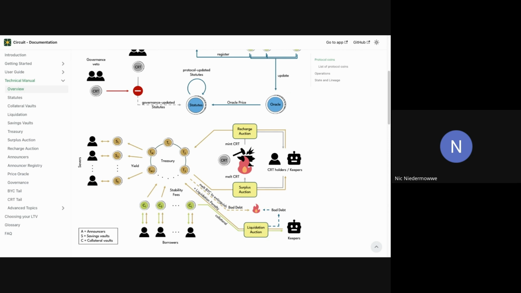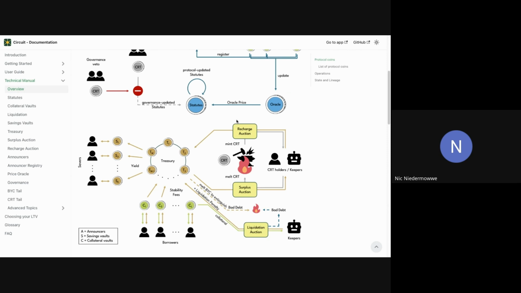Bids are placed until either all the collateral is gone or all the debt is gone. If there's bad debt, it can be reconciled by taking Bytecash out of the treasury and burning that. Again, that's a keeper operation. Anyone can perform that.